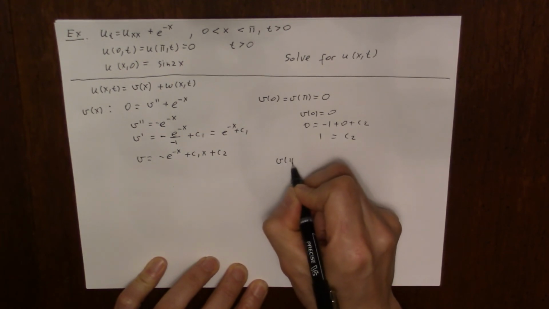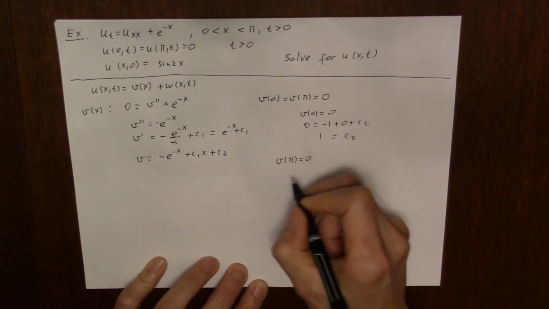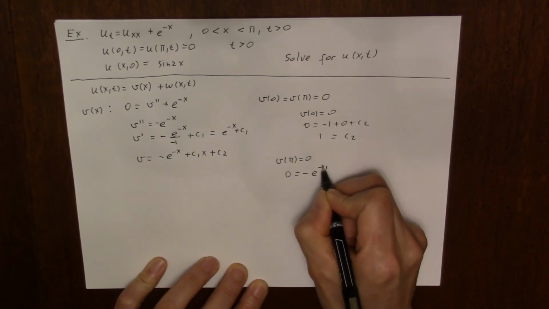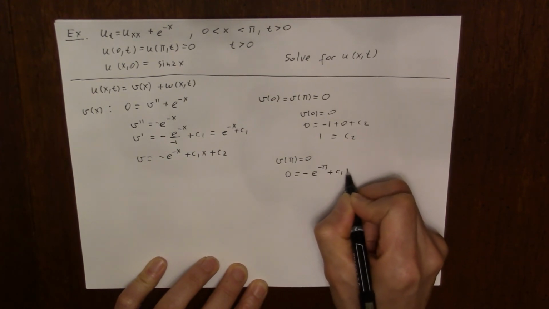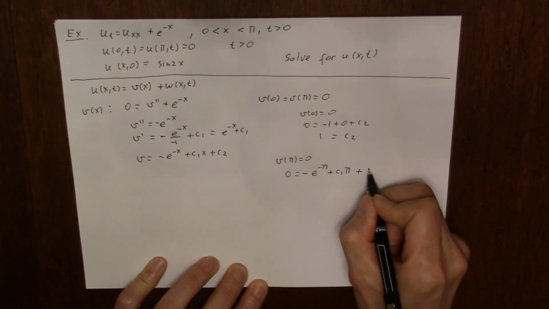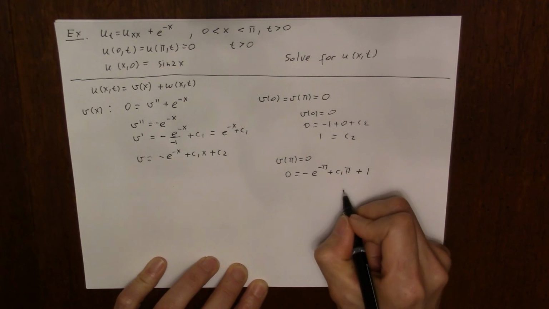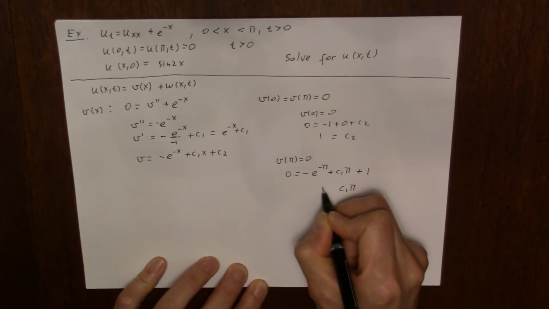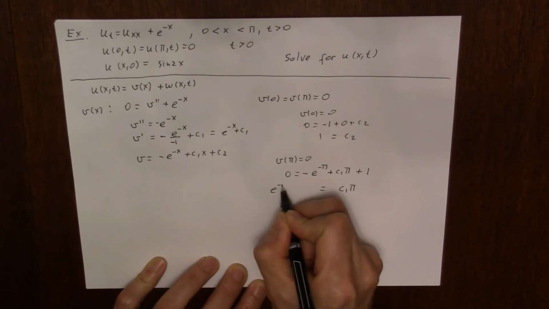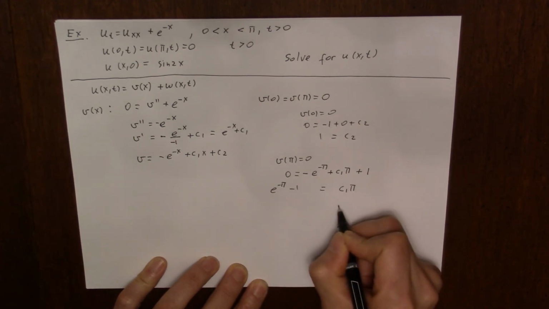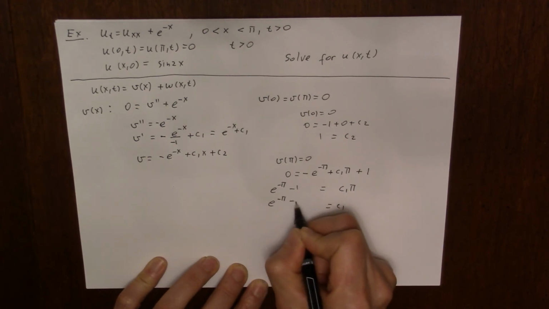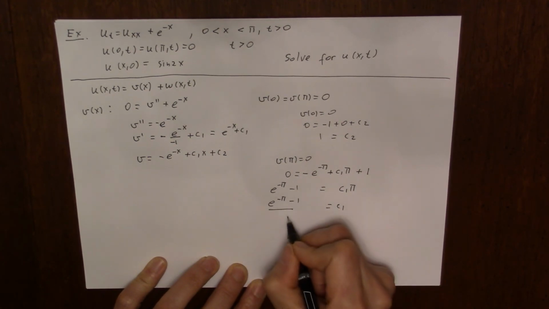So v of pi equals 0 implies 0 equals negative e to the negative pi plus c1 pi plus c2, c2 equals 1, so c1 pi equals e to the negative pi minus 1, so c1 equals e to the negative pi minus 1 over pi.